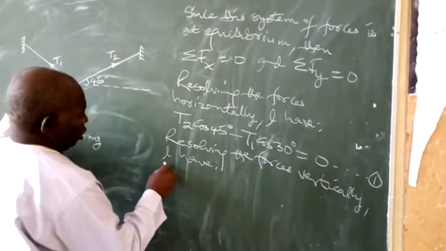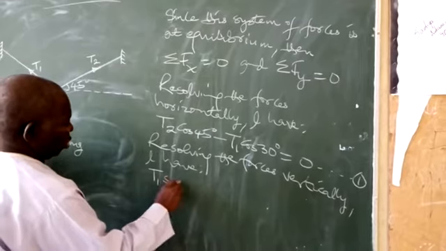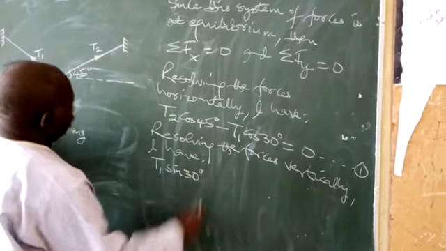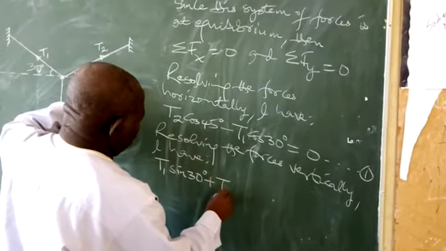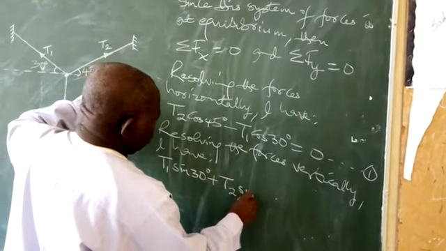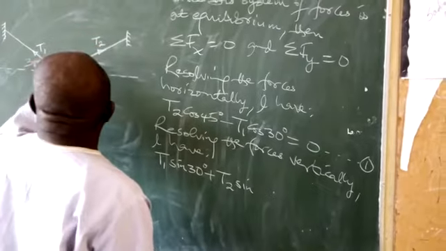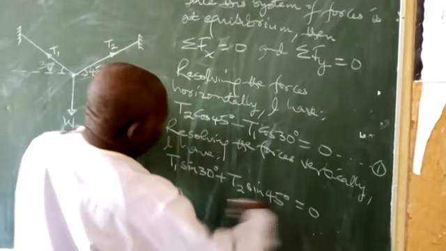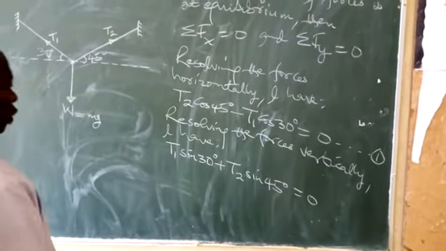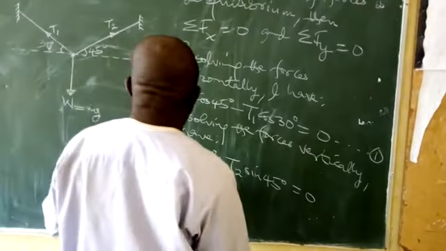So that will be T1 sin 30 degrees. This is also positive, plus T2 sin 45 degrees equals 0 because it is at equilibrium.